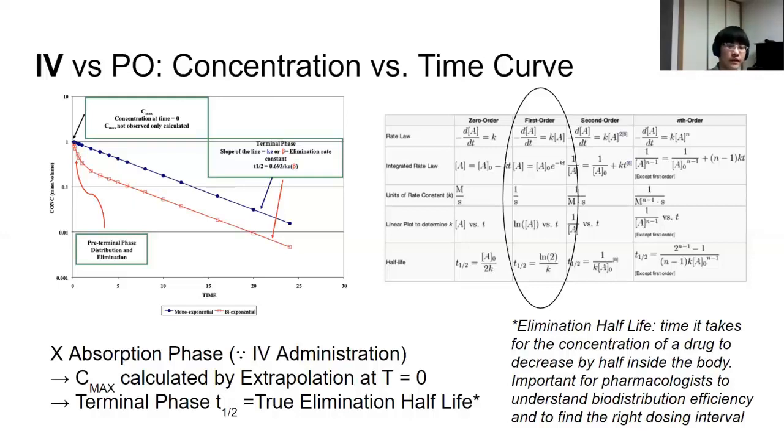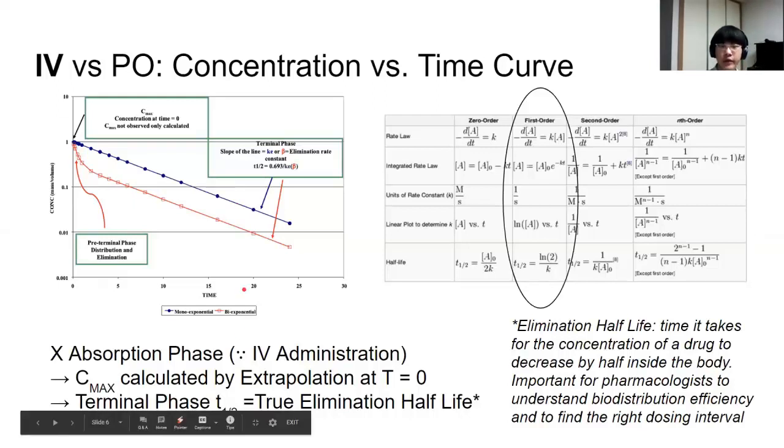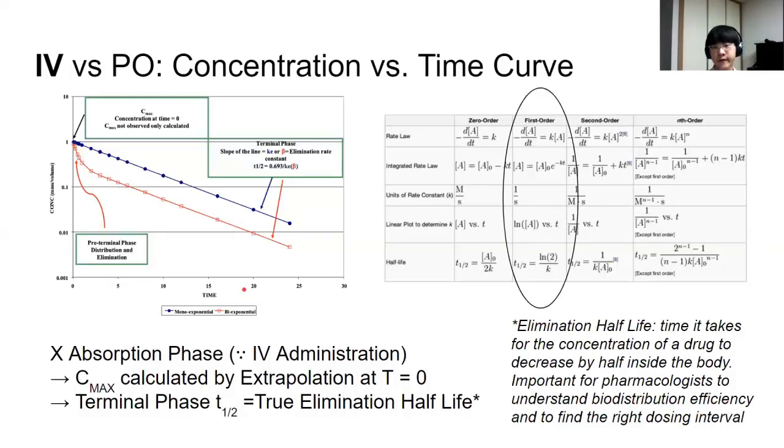The terminal phase here, notated as T1/2, is called the true elimination half-life. For those who don't know what elimination half-life is, as we can see from the slides, it's the time it takes for the concentration of the drug to decrease by half inside the body. This is really common for those who know what an ordinary half-life is.